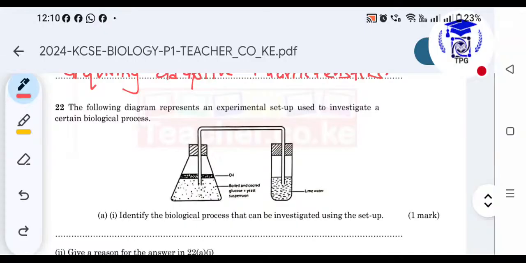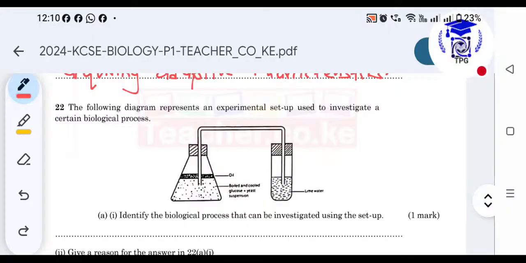Number 22, the following diagram represents an experimental setup used to investigate a certain biological process. We have oil, and we have boiled and cooled glucose plus yeast suspension. Then on the other end, we have lime water. The first question reads, identify the biological process that can be investigated using this setup.